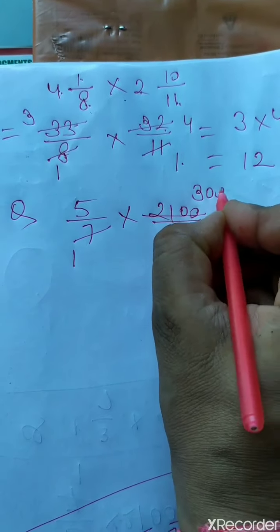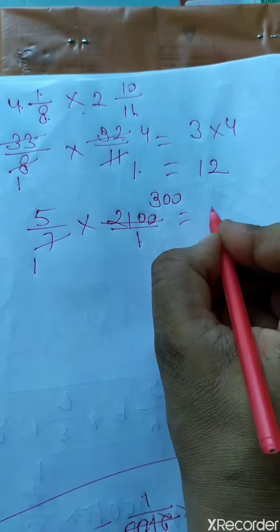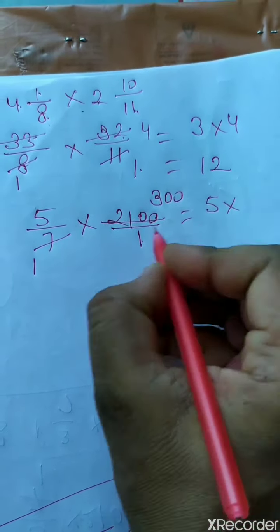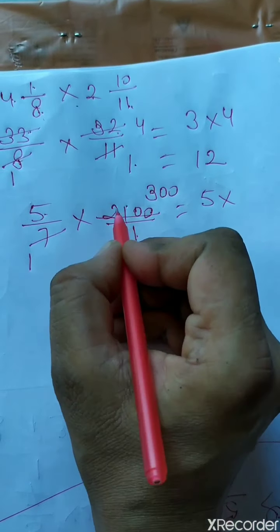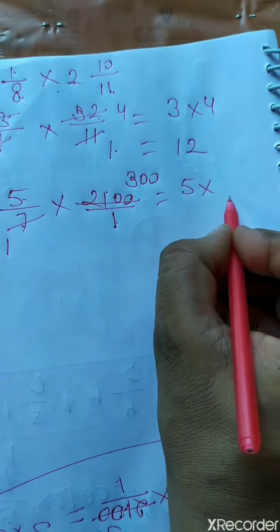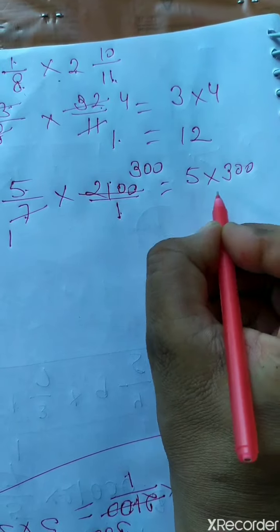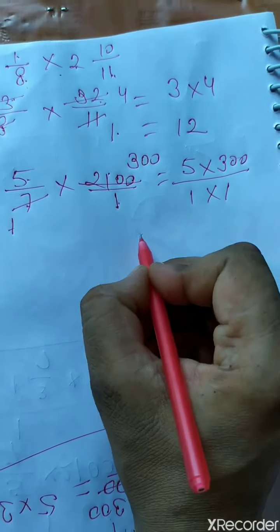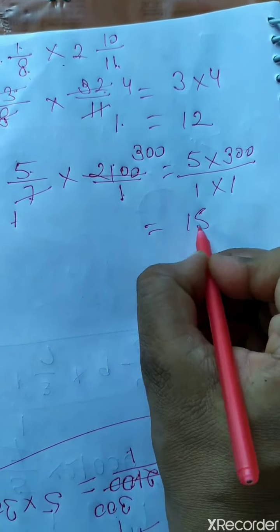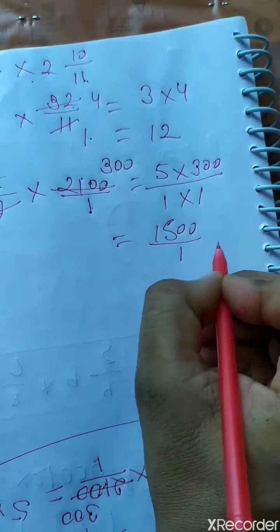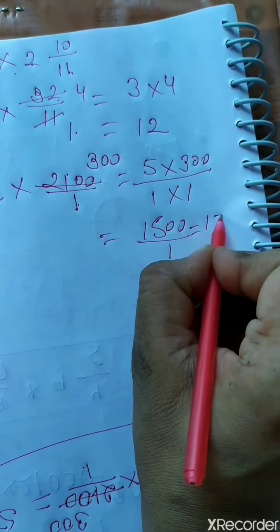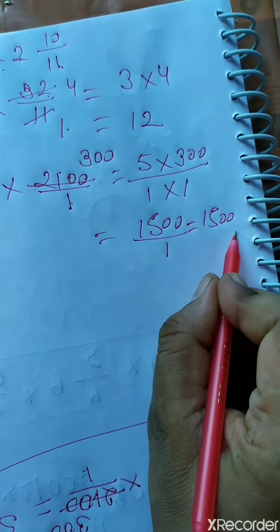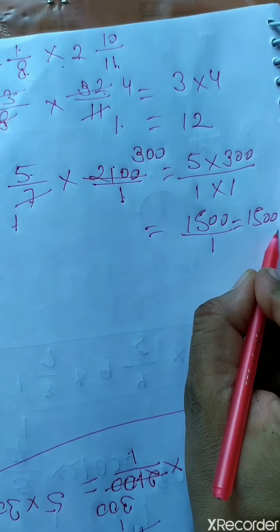Okay, and then 0 0, 7 threes are 21. Then multiply: numerator and numerator will multiply, and denominator and denominator. So 5 into 300 by 1 into 1. So you can write that it is 1500 by 1, means 1500 only. Means the result is 1500. Okay.